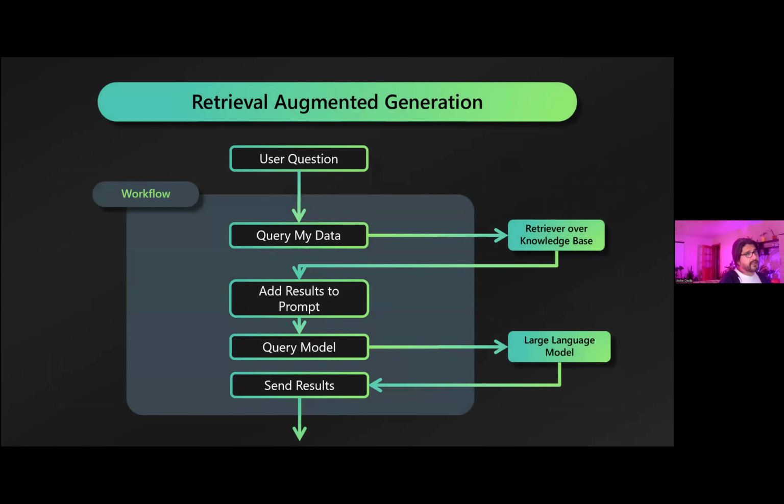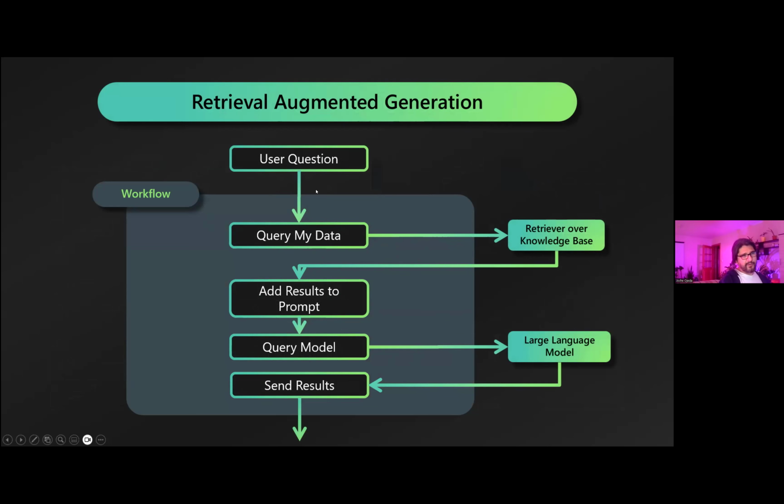And when you have to do retrieval augmented generation, which is RAG, the most common case, it's the same. You have the user question, then you have to query your data, which you usually do with vectors, so you need the embeddings. Then you pass your data and query the model, saying these are the possible answers, make your answer out of this input, and then you send the result.